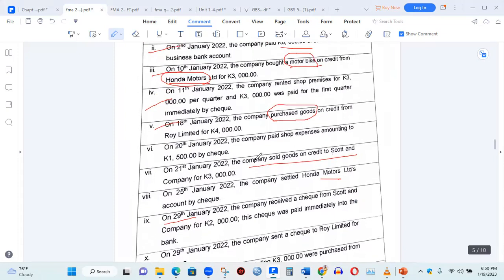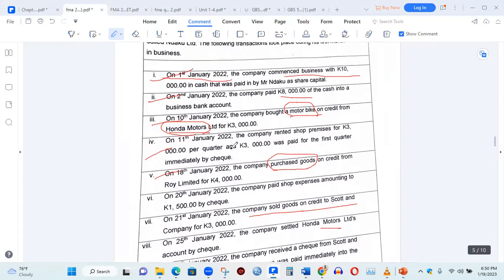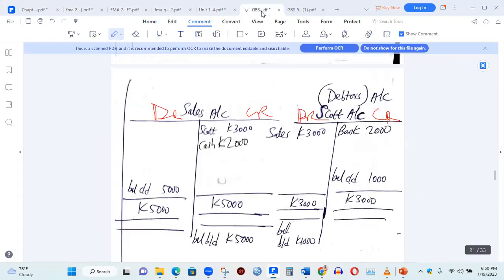How much? For Honda we had 3,000, but we bought from Honda Limited on credit. So we now had to settle the bill for the amount of the Honda we got.